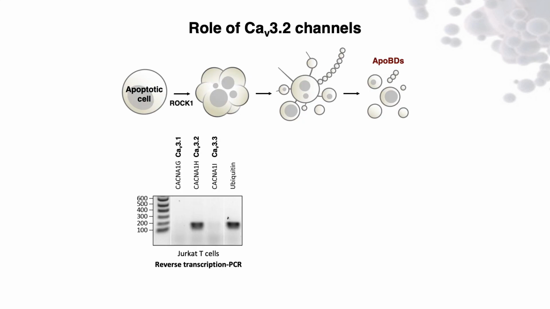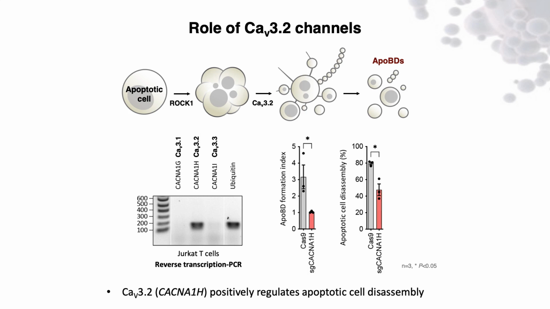Lucky for us, the human surrogate T cells that we're using pretty much only express CaV3.2. And when we knock down CaV3.2, we can see a clear reduction in the formation of apoptotic bodies and also the protrusion formation step, suggesting that CaV3.2 is a key positive regulator of apoptotic body formation.